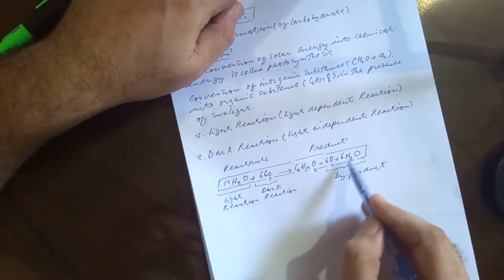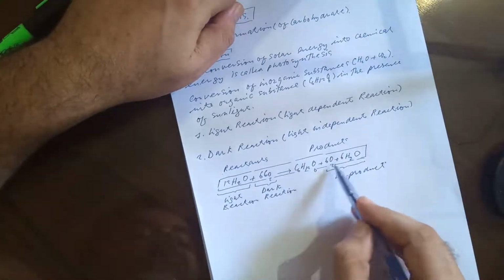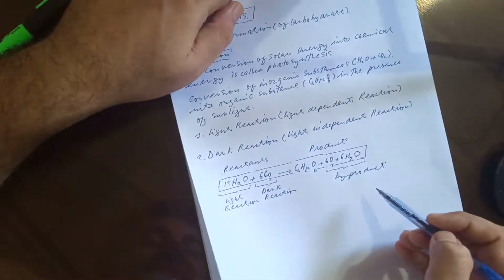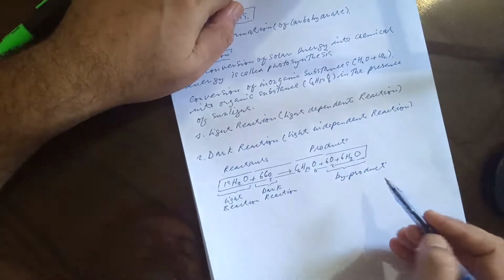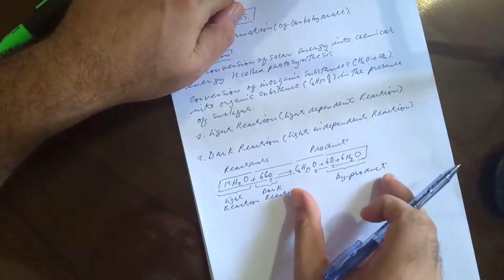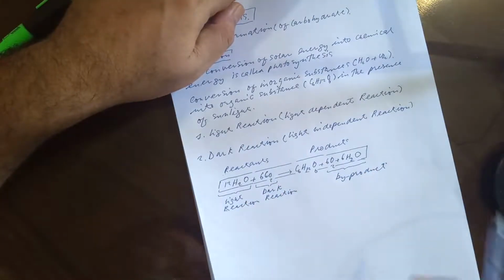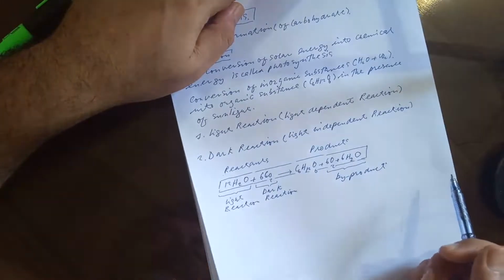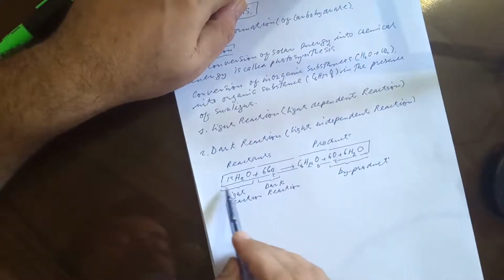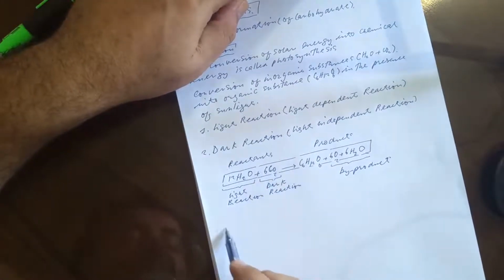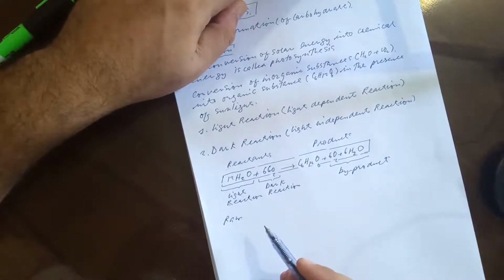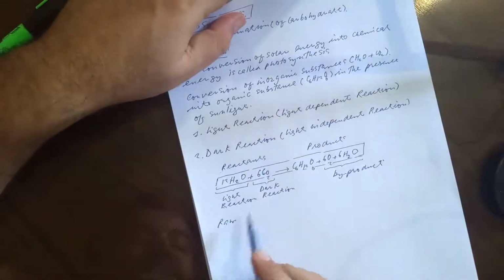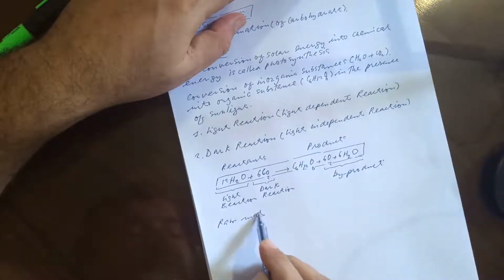Oxygen and water are the byproducts of photosynthesis. C6H12O6 is genuinely a product, but since you write it on top of the arrowhead, you call it the product section. So obviously these two are called reactants, and certainly these two will be called raw material.